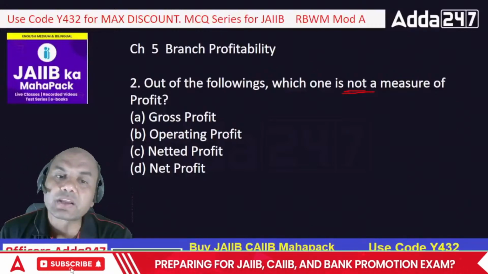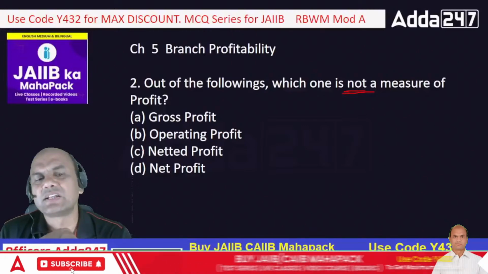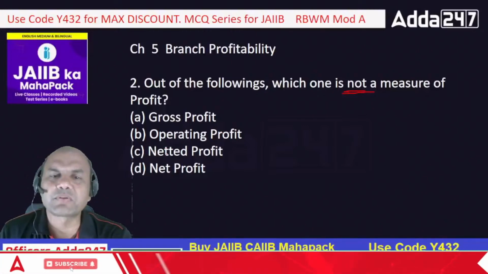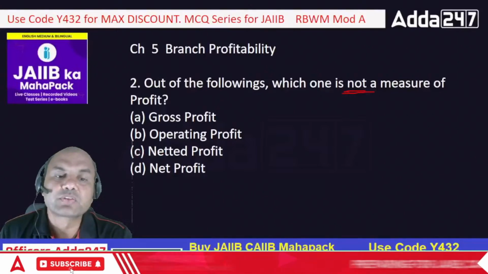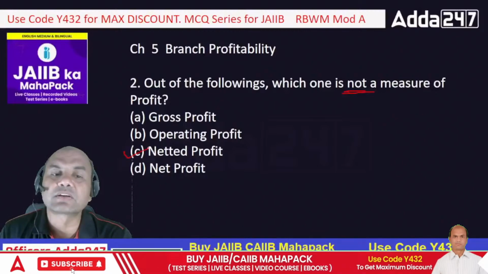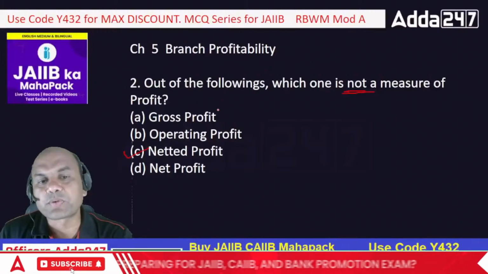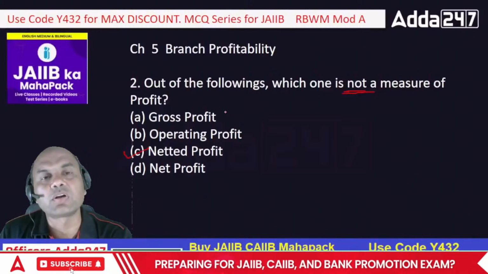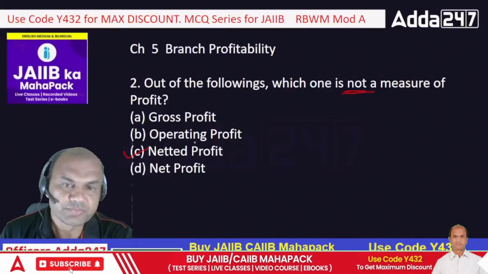Operating profit, we have operating profit ratio also. Netted profit, I have not seen any netted profit over here. Netted profit is different. It has nothing to do with profit measurement. So this is the answer. Net profit is a measure, because from gross profit, when you subtract all the indirect expenses, you will get net profit.